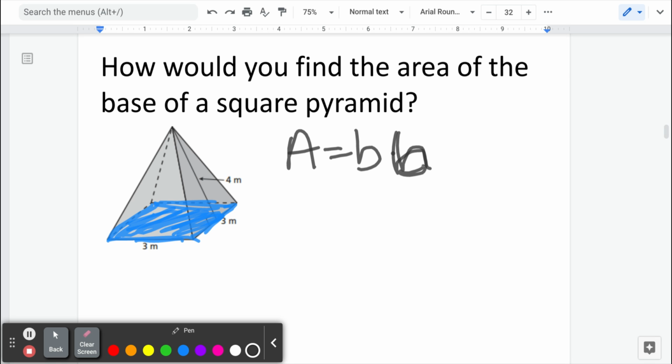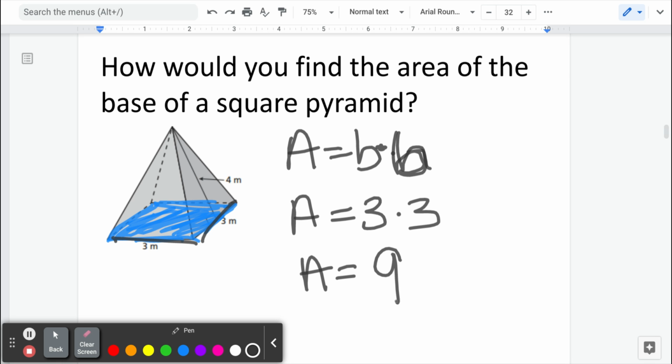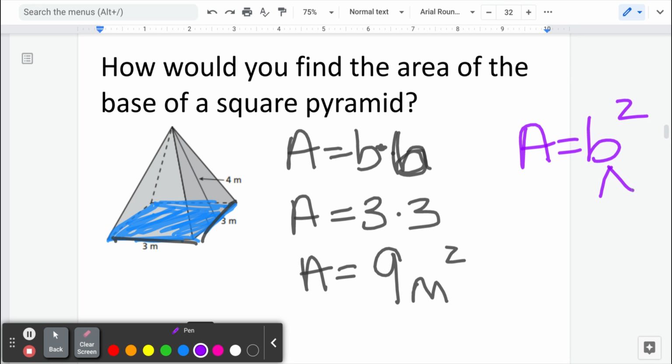We're going to write base times base because really in squares, those bases are the same. So area equals 3 times 3. The area of that base is 9 meters squared. Another way we could write that is area equals base squared, because base squared really means base times base, which is what we wrote over there.